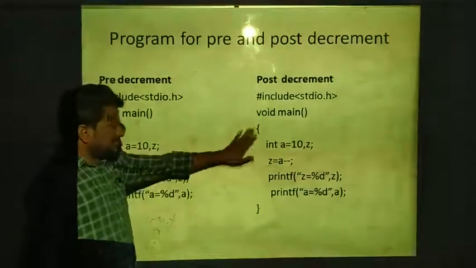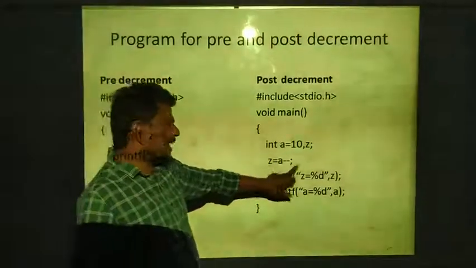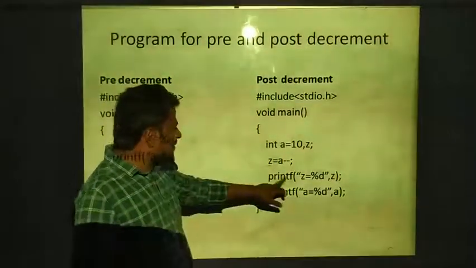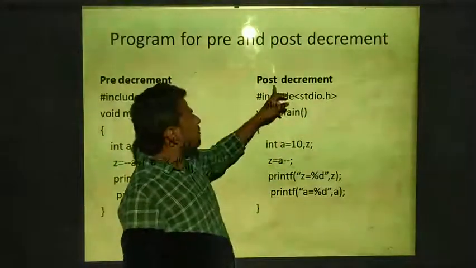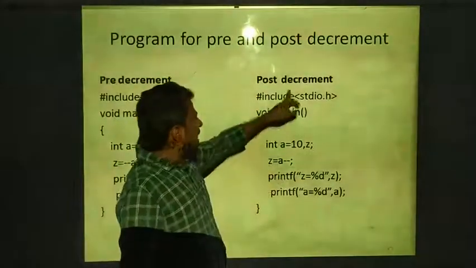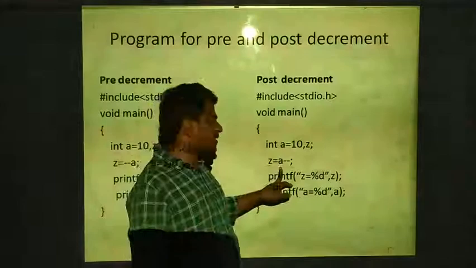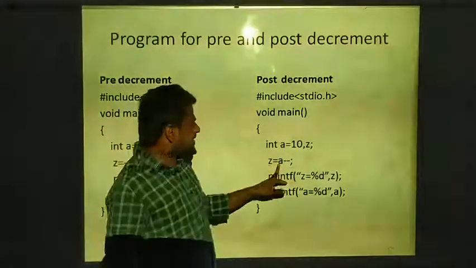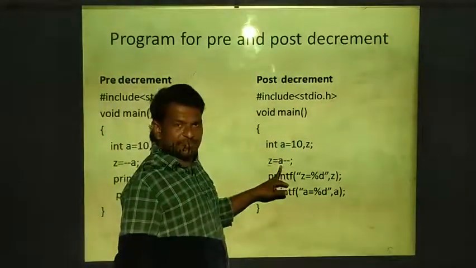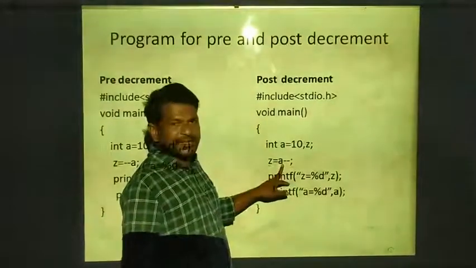The same with z is equal to a minus. Printf, first it is post decrement. First it prints, afterwards it is decreasing the value. So first it prints the value of a as 10. Okay. Then after it decreases the value.